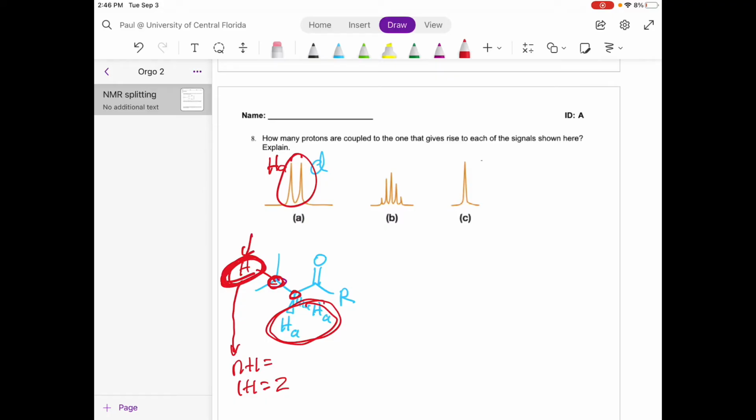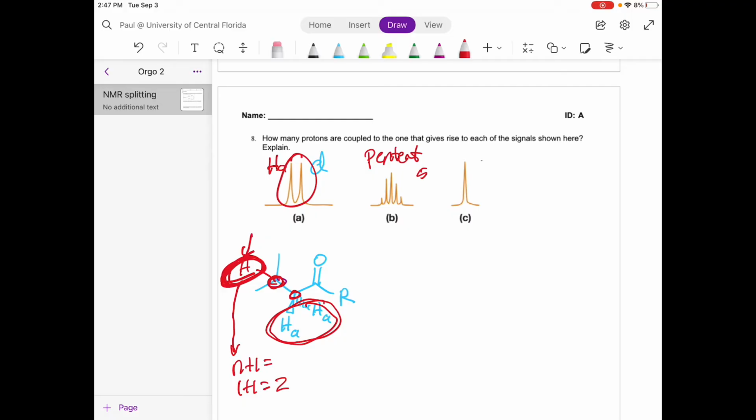Now, this one right there, what do we have? We have a pentet. It has 5 signals, so that means its adjacent carbon has 4 protons. Now, how's that possible? It's not possible in a molecule that a carbon would be bonded to 2 carbons and then 4 protons.